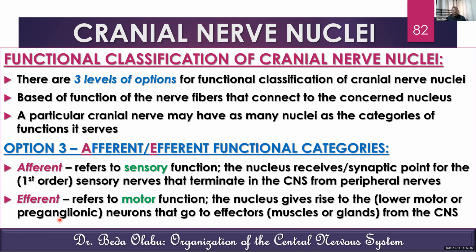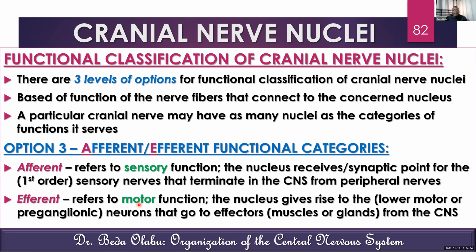Whether it is going to skeletal musculature or to the preganglionic neurons, the nucleus of origin of those fibers is classified as efferent because it's a motor nucleus. So afferent means sensory and efferent means motor function. That one is straightforward.